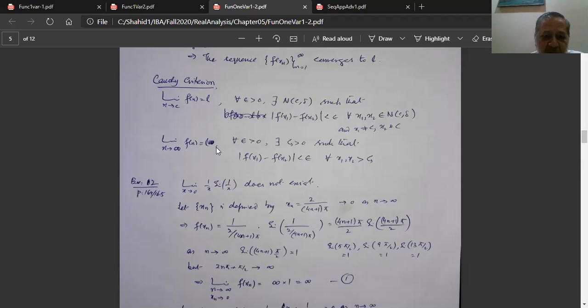Okay, what if x approaches infinity and f(x) goes to a finite number? That means when x is very, very large, choose two large values of x. Then the images for the two x values, which are very, very large, these images will be very, very close. Only then does the function f go to this limit L.